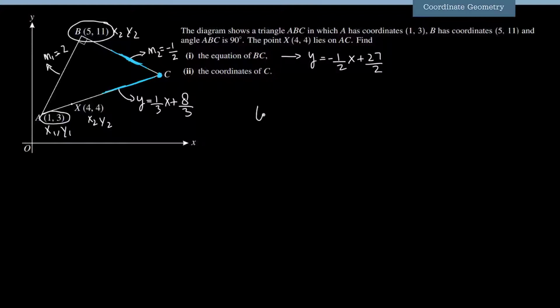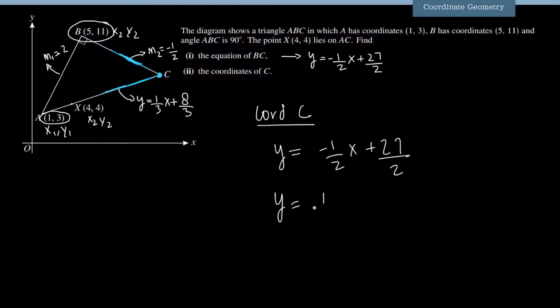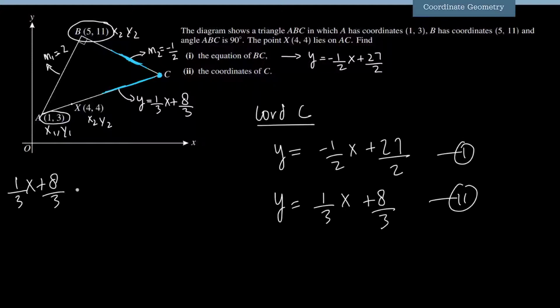Now for the coordinates of point C, I am going to solve the equation of line BC, which is y is equal to minus 1 upon 2 x plus 27 upon 2, and the equation of line AC, which is y is equal to 1 upon 3 x plus 8 upon 3. This is equation 1 and this is equation 2. Y is already the subject in both equations, so I'll equate these two and get 1 upon 3 x plus 8 upon 3 is equal to minus 1 upon 2 x plus 27 upon 2.